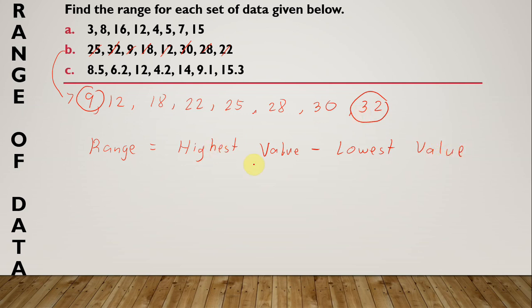Ang highest value ay si 32 at ang lowest value ay si 9. 32 minus 9 is equal to 23. So it means that the range is 23.